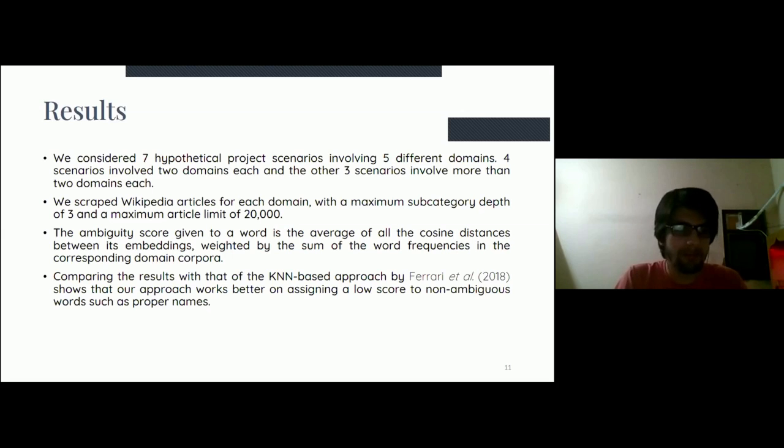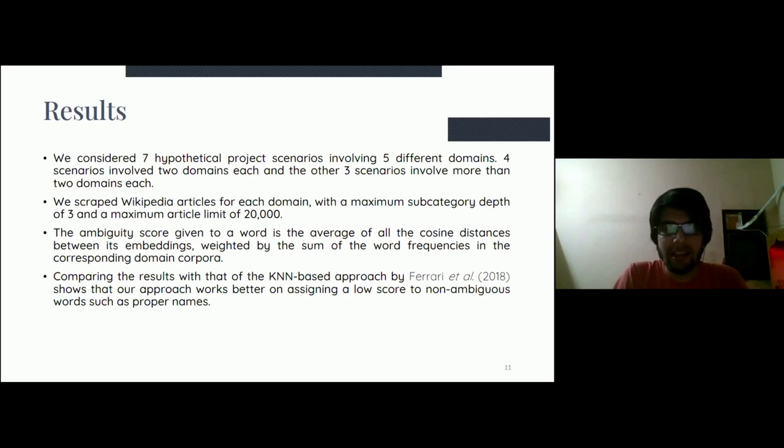So let's say there's a word which occurs quite frequently in the computer science domain. We want to give an extra weightage to the cosine distance of the computer science vector with all the other vectors. And then we compared the results with what we would have gotten with the KNN based approach.